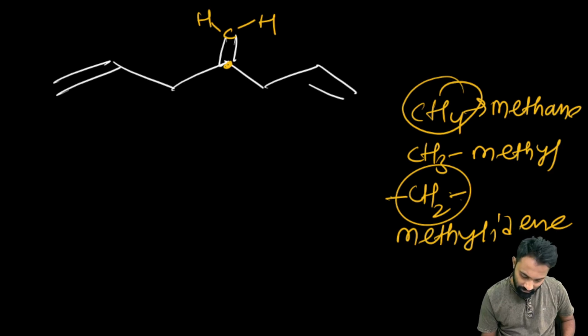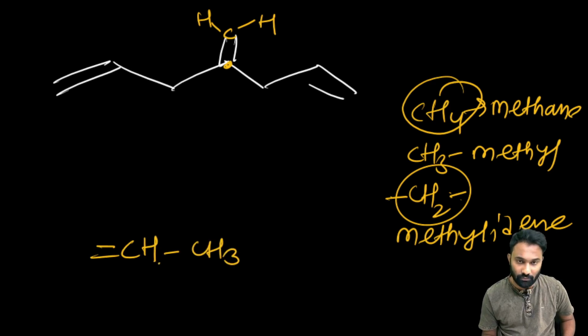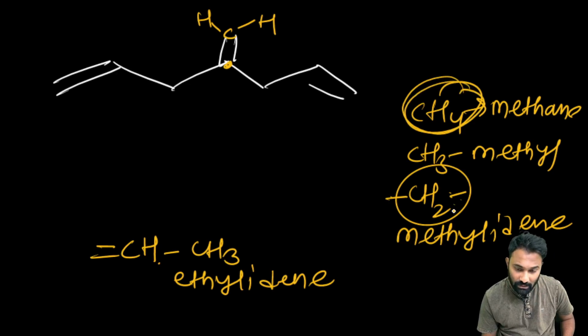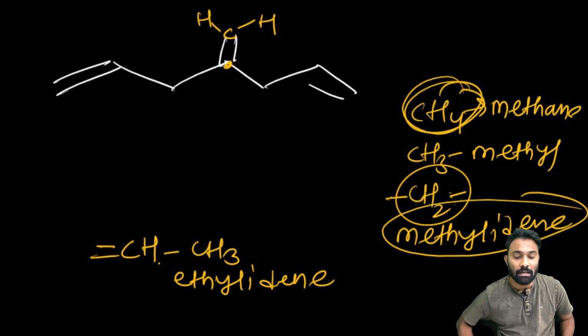Clear? Done. If suppose the double bond is to C and CH3, then the name of this substituent will be ethylidene. Clear? For methane, if the 2 bonds are directly attached to the parent carbon chain, the name will be methylidene.